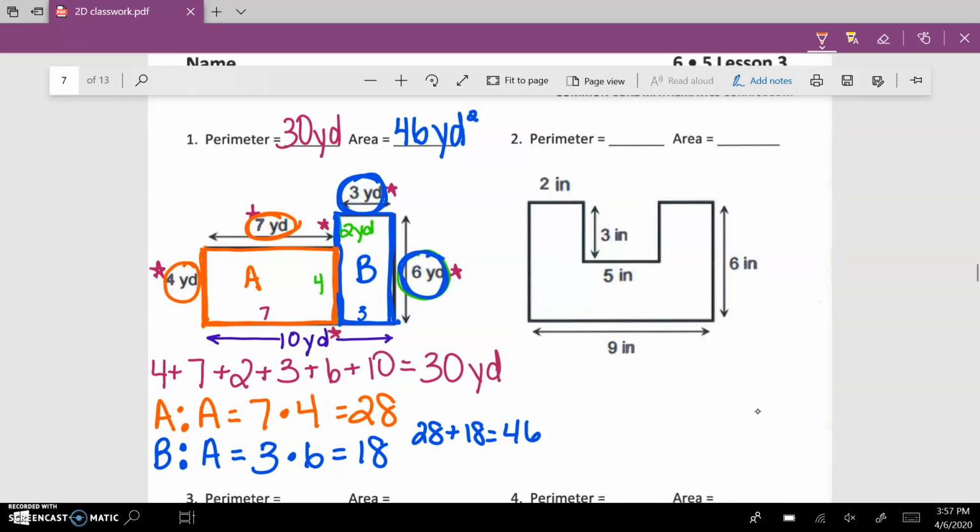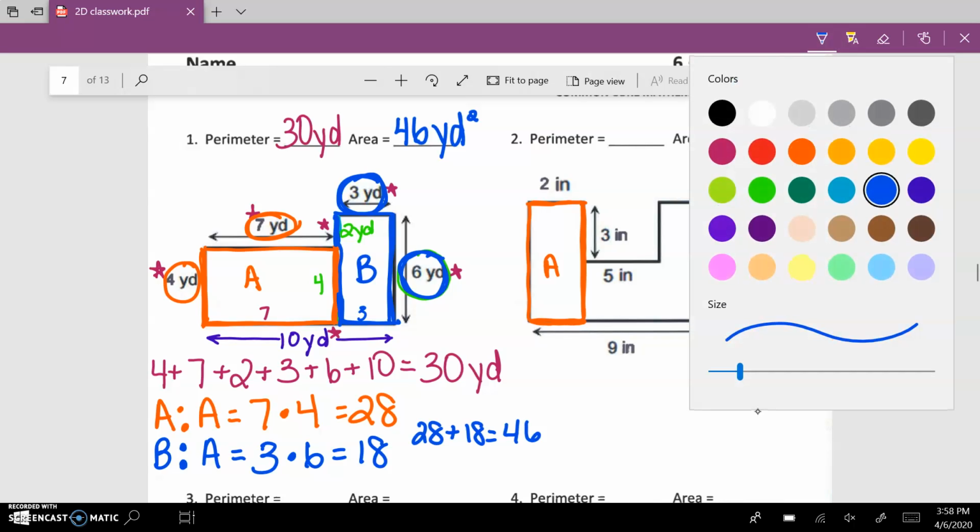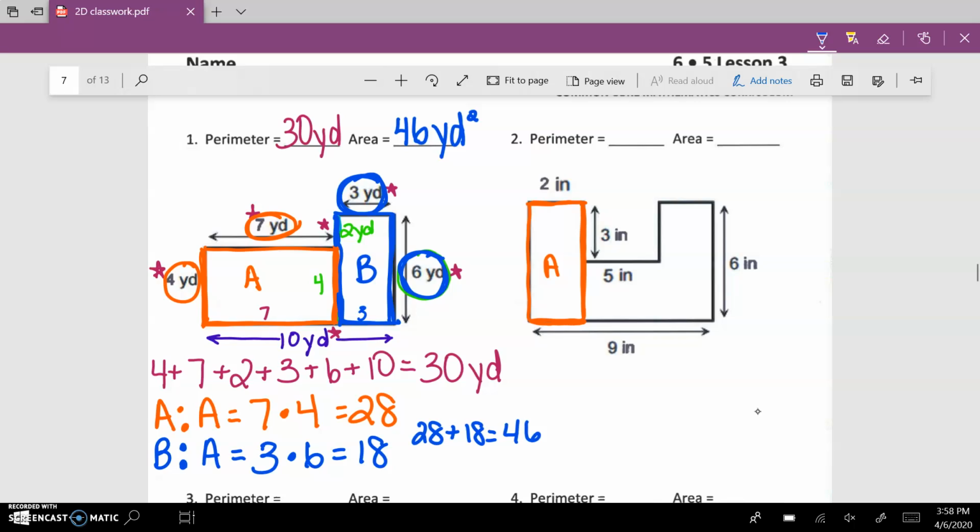On the left-hand side here, I've got this rectangle in orange. I'm going to call this guy A. And then we're going to make one that's the exact same off to the other side. On the right-hand side, he's in blue. And this will be shape B.